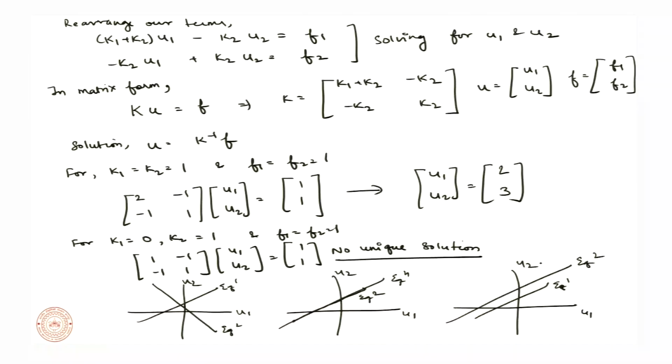So the first case in which you have two separate equations and the equations are intersecting each other, in that case the solution is unique and defined. The second case in which both the expressions are overlapping on each other, that means they are the same expression. In that case, the solution is defined but not unique.